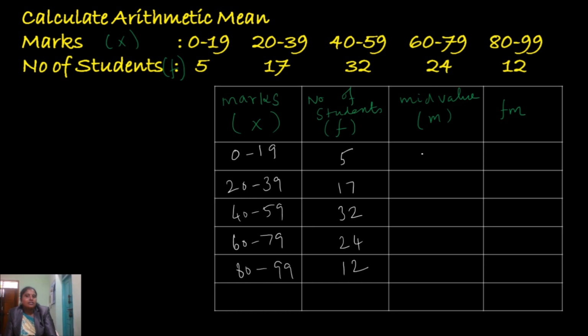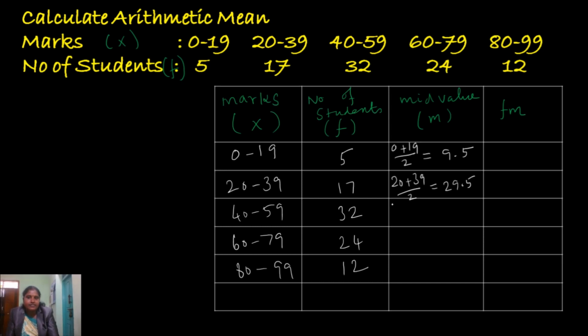Mid values. As I told you already, the mid value is calculated by adding the lower limit and upper limit of the class interval and dividing this by 2. That is 19 divided by 2, which is 9.5. Then for the next class interval, we add 20 with 39 and divide by 2, we have 29.5.